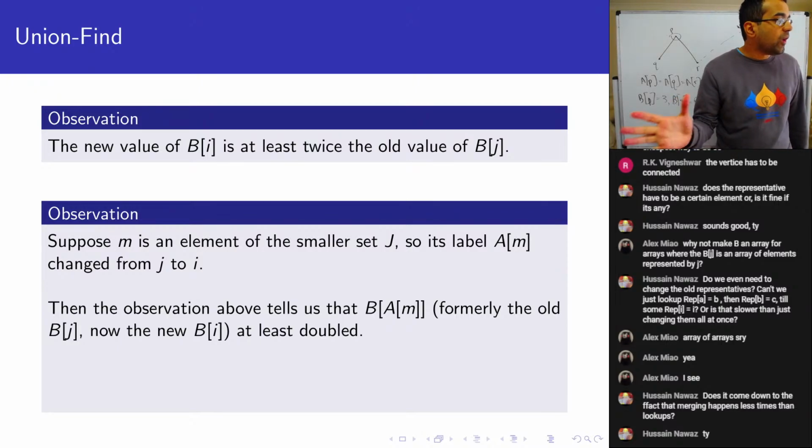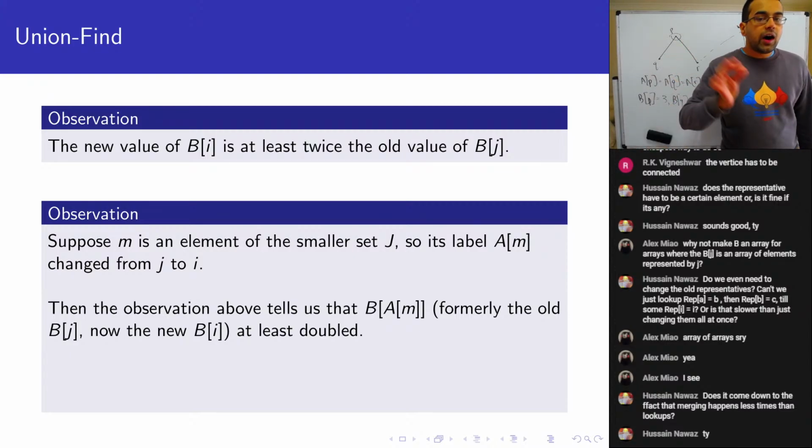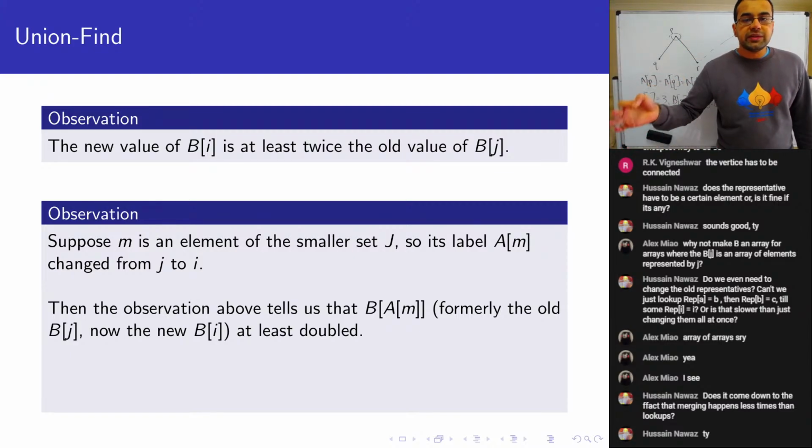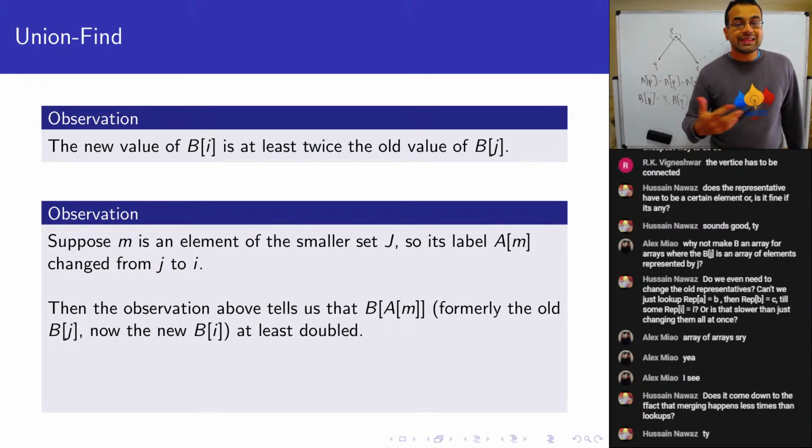I'll mention later why that's important. b of a of m used to be bj, right? Because a of m was j. So b of a of m used to refer to b of j. After the update, a of m is i, so it refers to the new b of i value, which means that b of a of m has at least doubled. It used to be the old bj, it's now the new bi, and that is at least doubling.